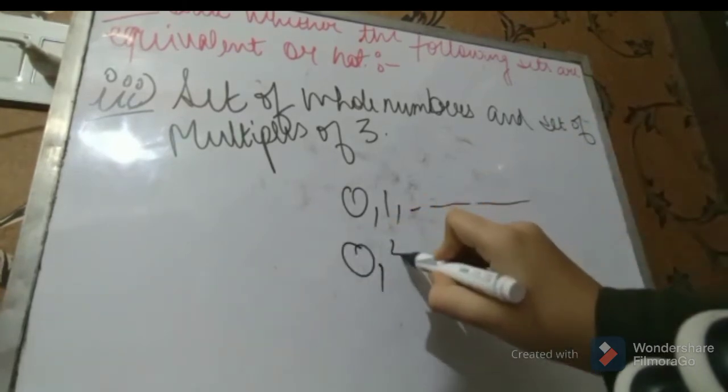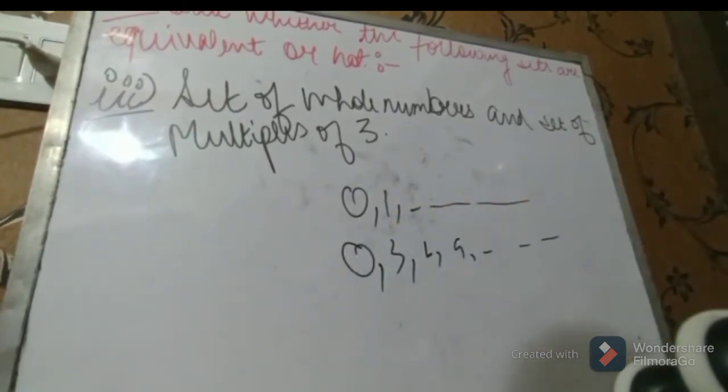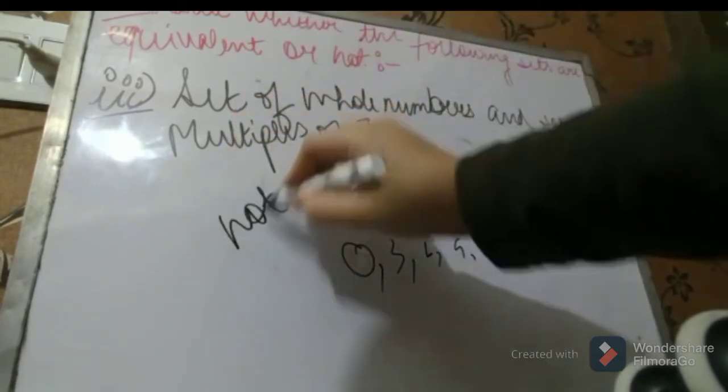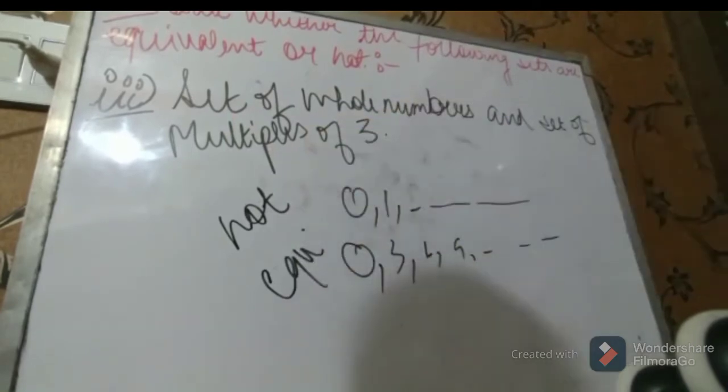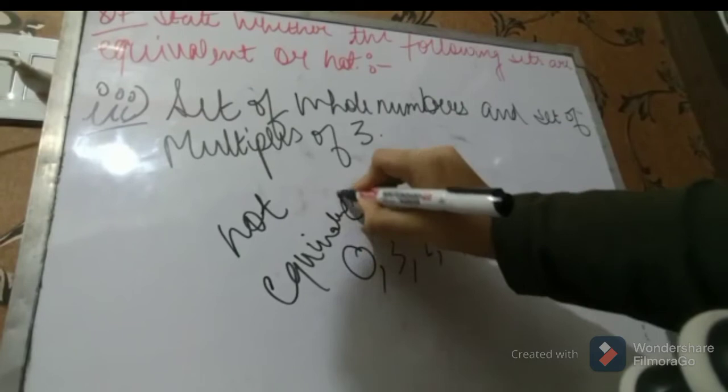So 0, 3, 6, 9 and so on. But the cardinality is not going to be the same because it is lacking 1, 2, 4, 5, 7, 8. So these are not equivalent.